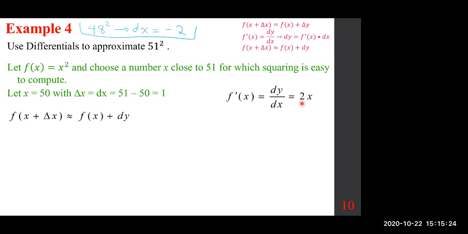So dy is 2x dx. Now replace this. F of x with x squared and dy with 2x dx. Practically, you're done. Replace the x with what? 50, same here, and dx with 1.